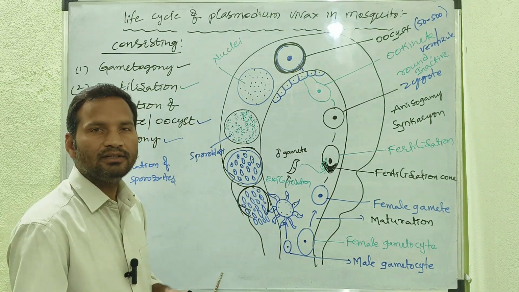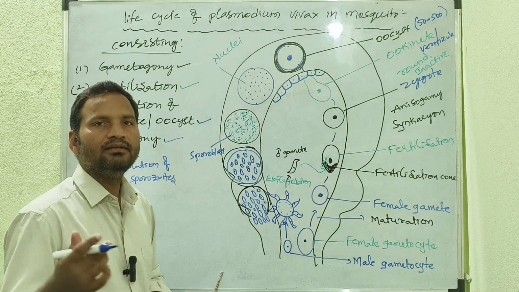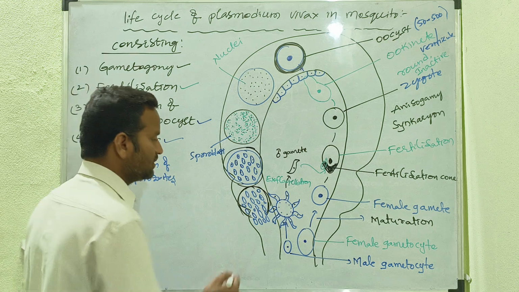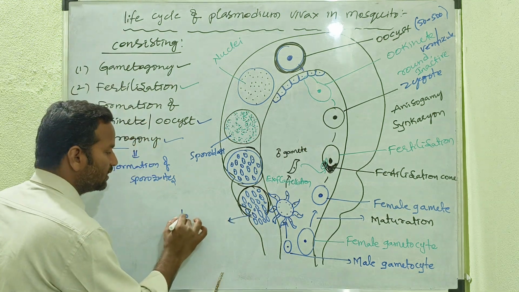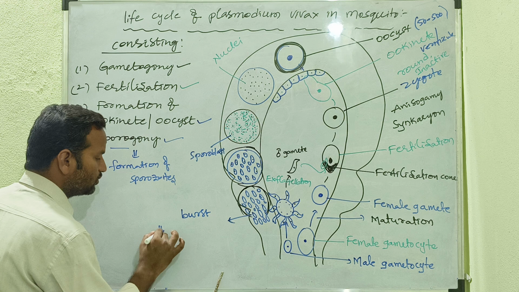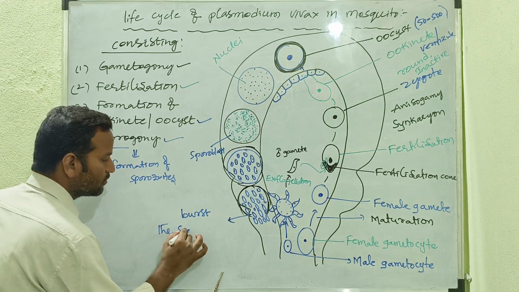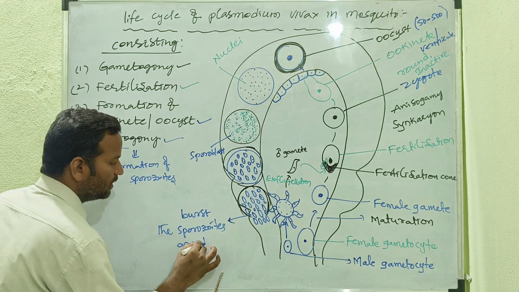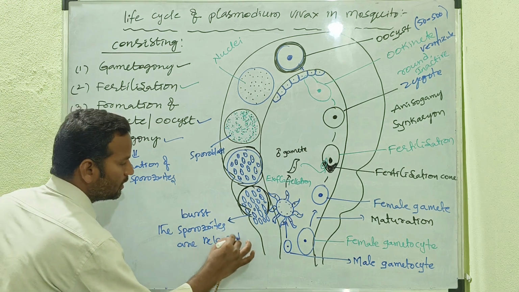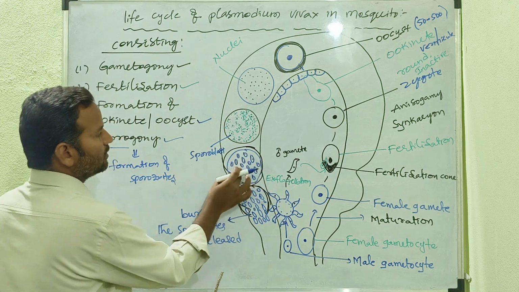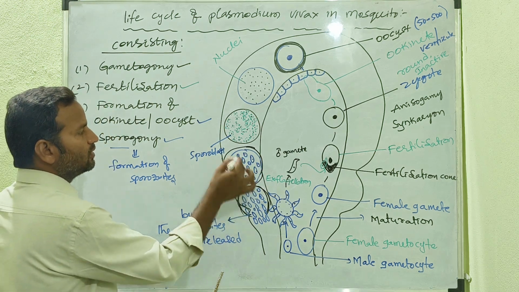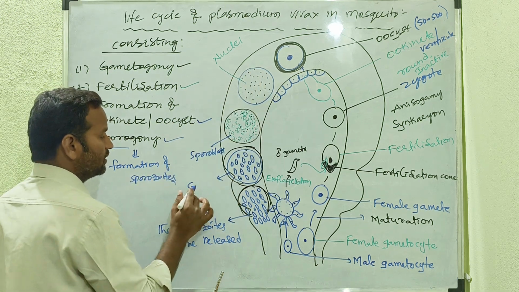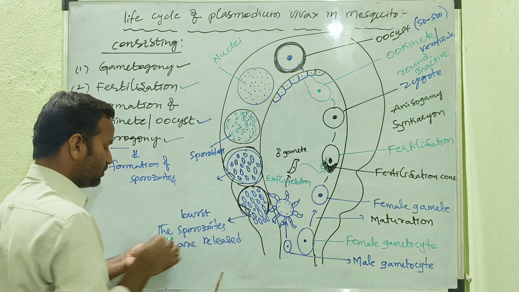Later, they travel to the salivary glands, then they are ready to enter the next host. The sporozoites within the oocyst are called the sporocyst stage.